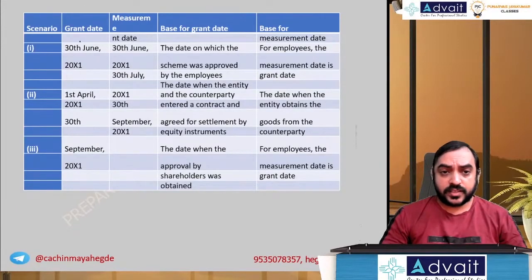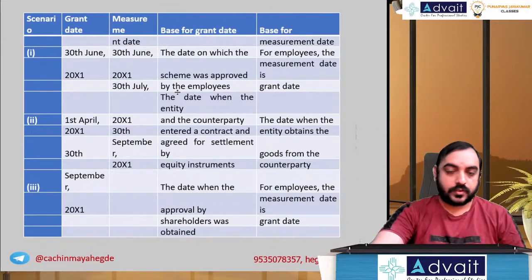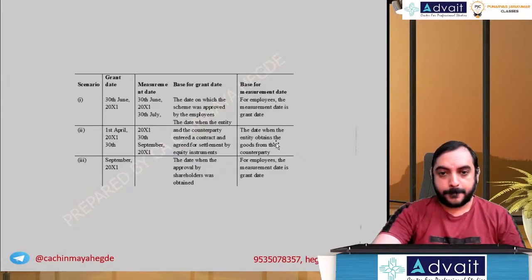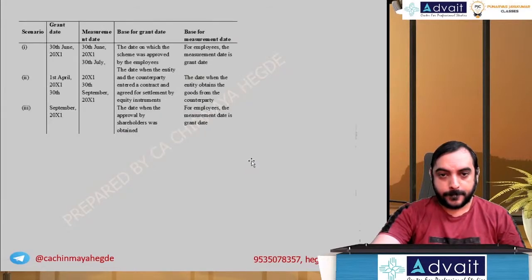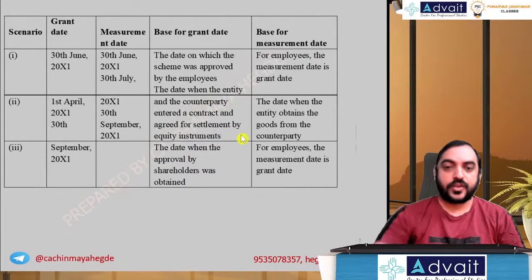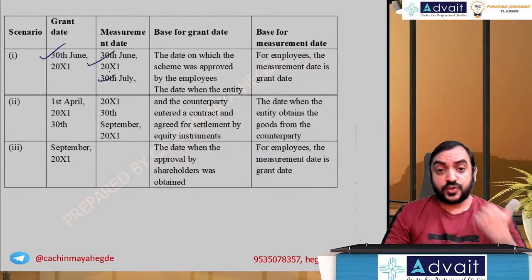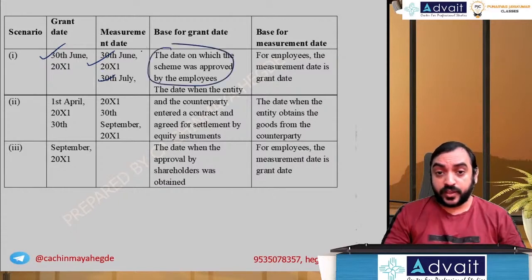So grant date 30th of June 2001, measurement date 30th of June 2001, the date on which the scheme was approved by employees.